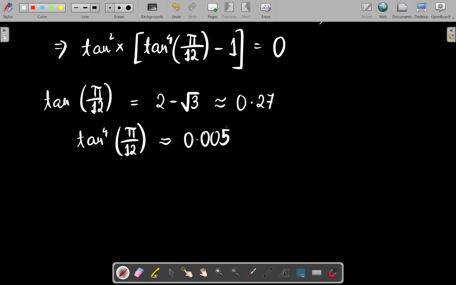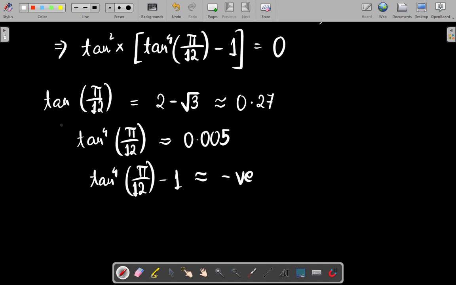If you subtract 1 from this, it is some negative value, 0.005 − 1. So this is not equal to 0.